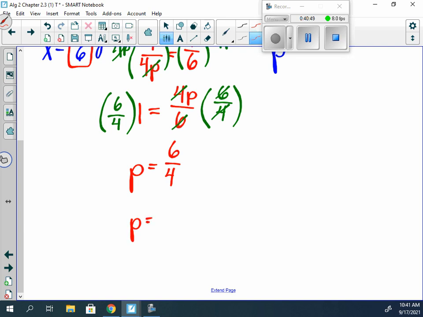Well, 6/4 will reduce to what? Yes, so 3/2, because 6 and 4 both have a common factor of 2 that will reduce out.